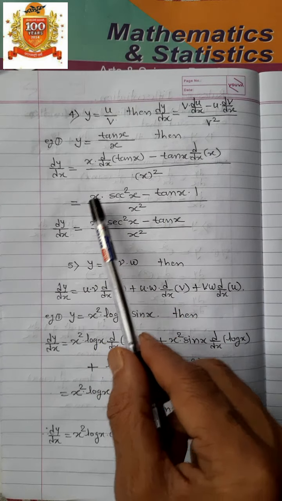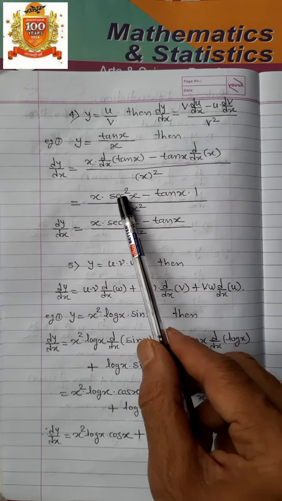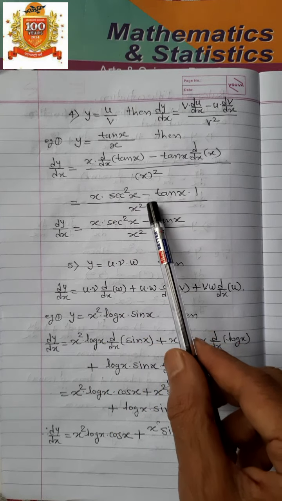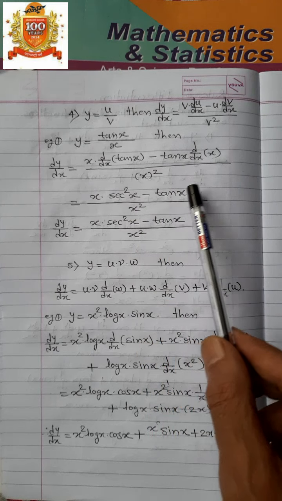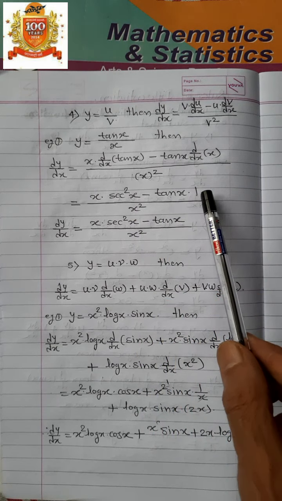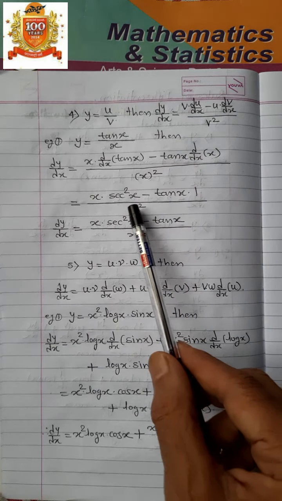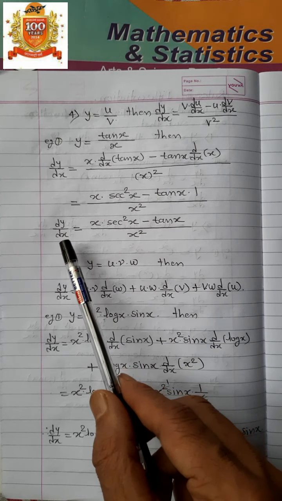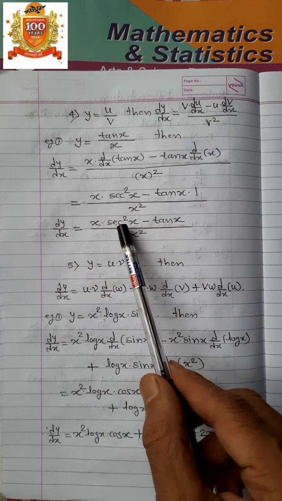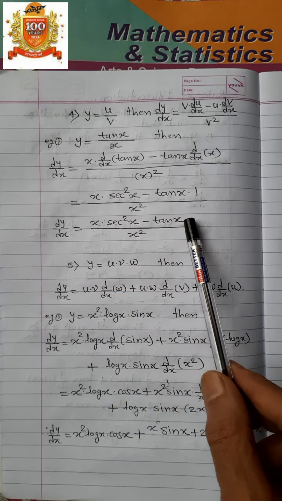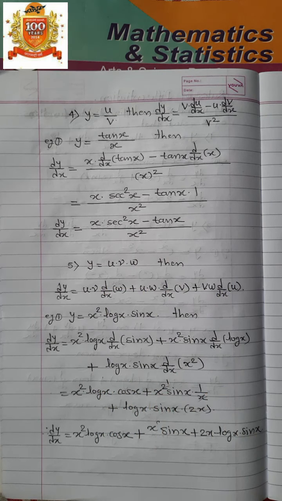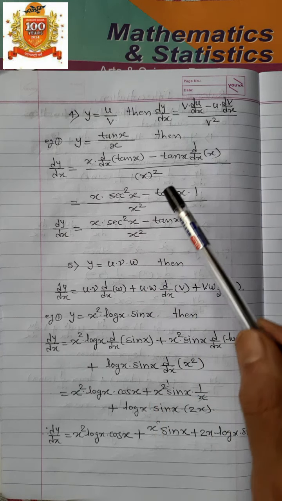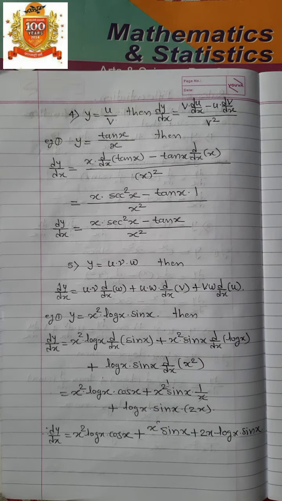Now x as it is, derivative of tan x is sec square x, minus tan x as it is into derivative of x is 1, we know, upon x square. So last answer is dy by dx is equal to x into sec square x minus tan x upon x square. In this way we can find the derivative of fraction also.